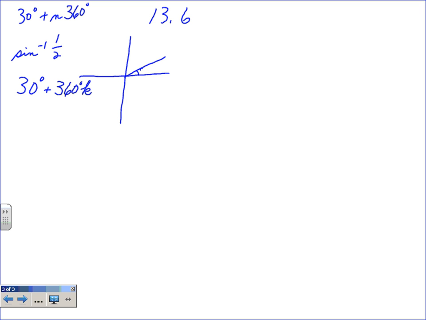Now, 150. Because sine is positive in that second quadrant, reference angle of 30, but I want that angle, which is 150. So it could also be 150 degrees plus 360 degrees n, or k.